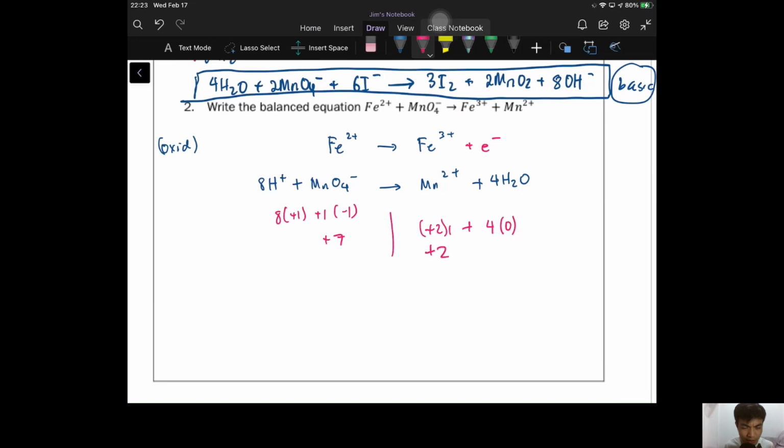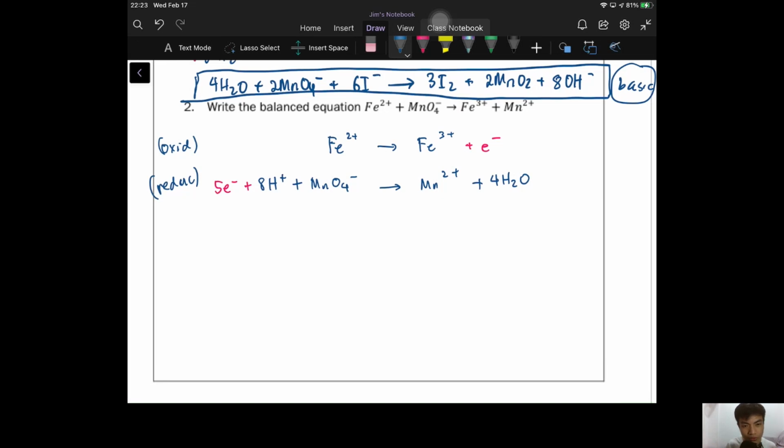Okay, so since mas positive yung left side ng equation, we're going to add electrons there, no? So, ilang electrons kailangan idagdag doon? 5. Okay, so we need 5 electrons to balance the charges, no? So, we add 5 electrons here. Okay. And since the electron is on the left side of the equation, we will call this a reduction reaction. Okay? So, yan.